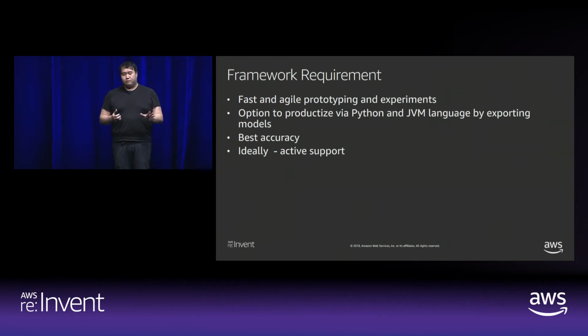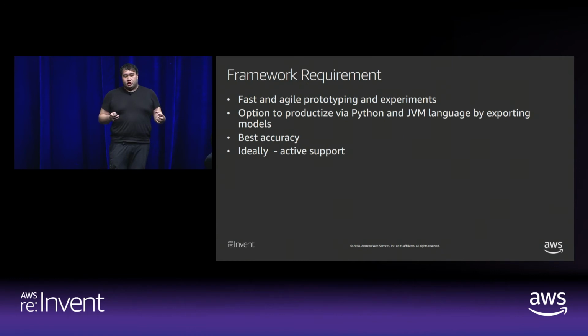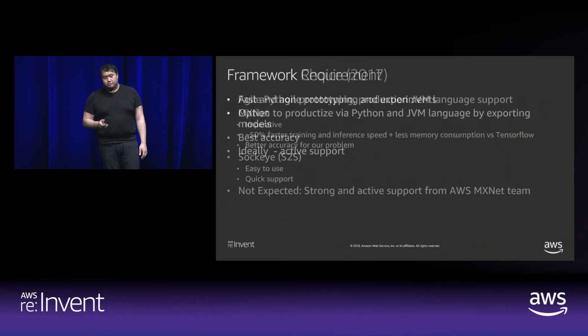It's not that performance is not important, but rather we place accuracy as the most important metric, given that for enterprise, things have to work. And ideally, because there are not that many very mature frameworks when we made this decision, which was around maybe end of last year, we would appreciate some support, but really we understand it's very difficult.